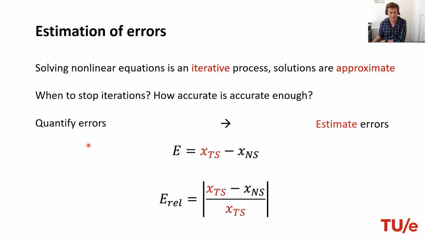The idea of quantifying errors in the general case where no true solution is known is kind of utopic, something we want to achieve but cannot. The best we can do is try to estimate the error in an accurate manner.